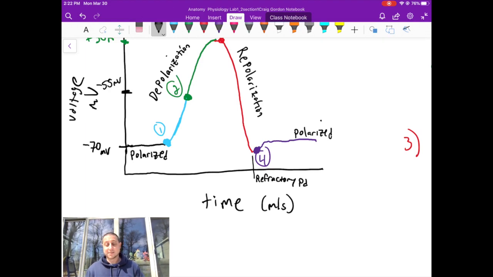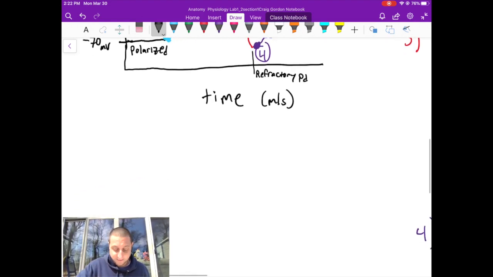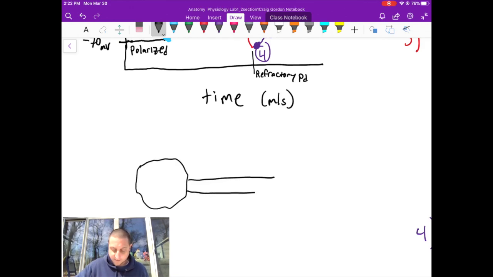Like I said, I teach this like a high school course, but if it was college, and we had our neuron over here, it has this over here, right? This is the myelin sheath. So you can't just have sodium coming in any old place like that.